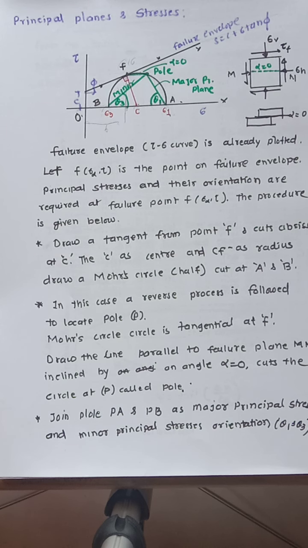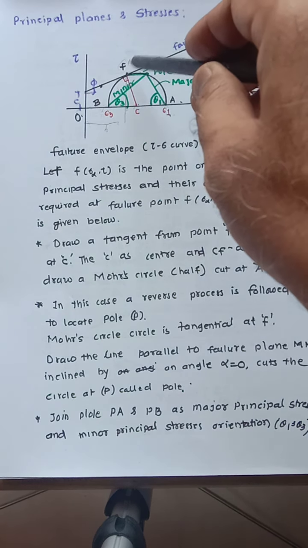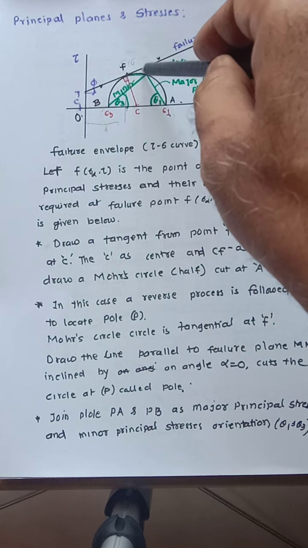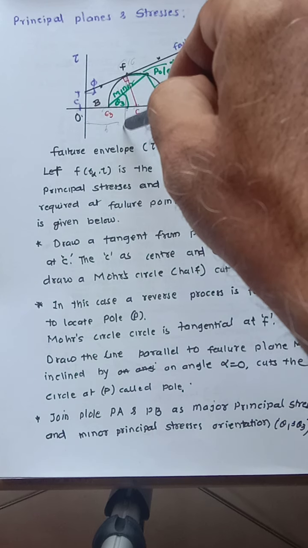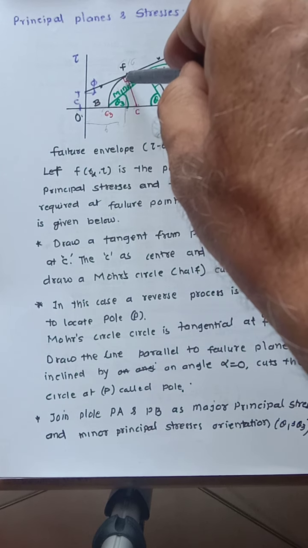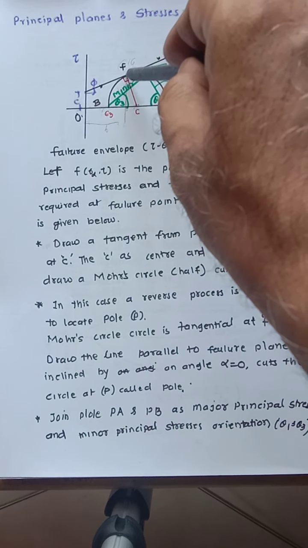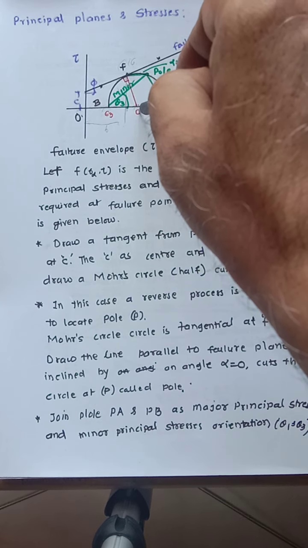So you cannot directly draw the Mohr circle, but indirectly, after the test, you can find out the principal stresses. For that, take any given point on the failure plane, suppose F. Its coordinates are sigma and tau. Mark this, then draw a perpendicular, that is FC.